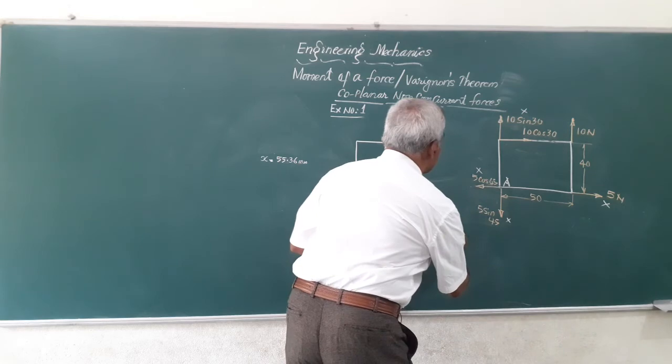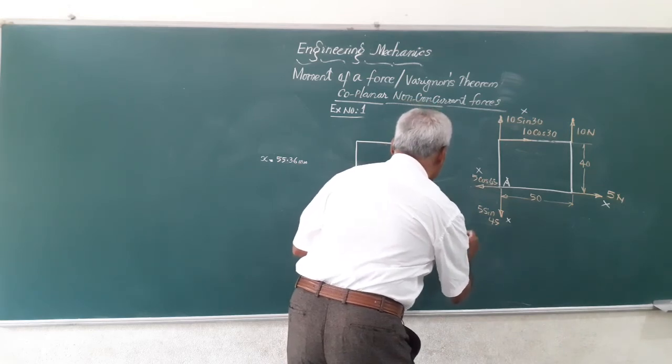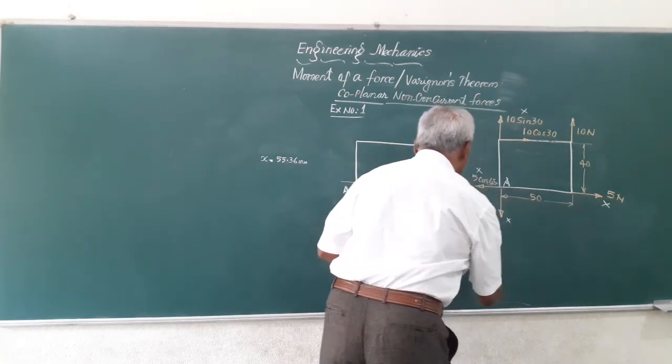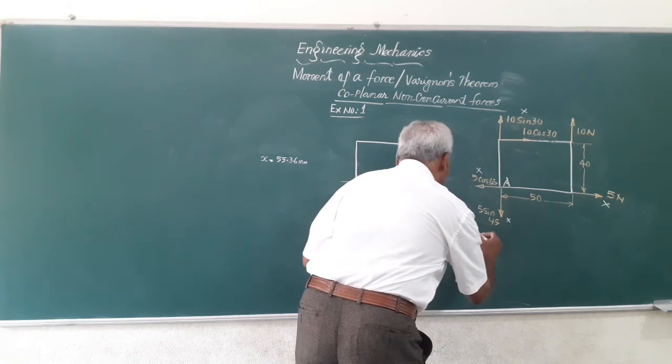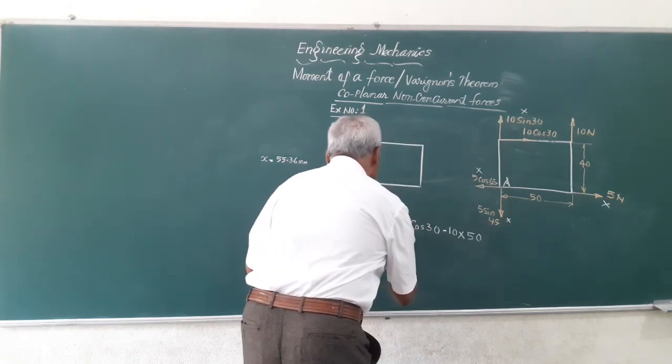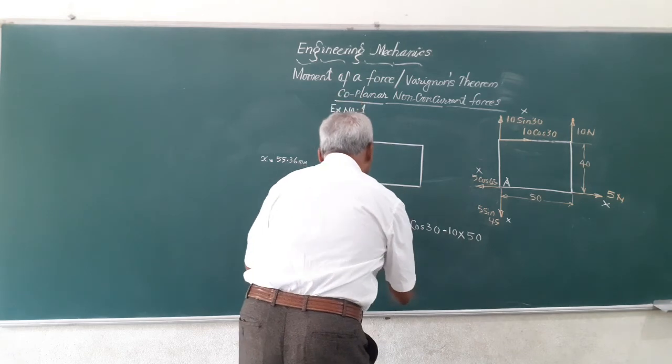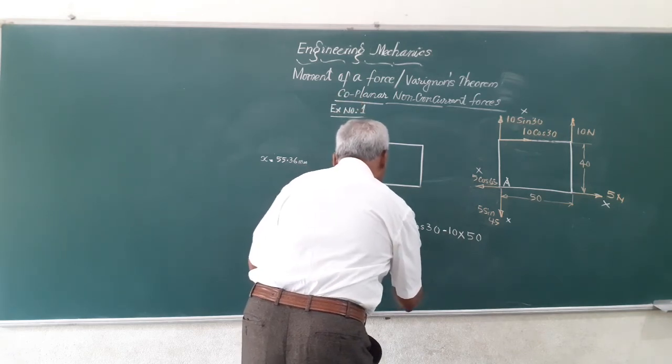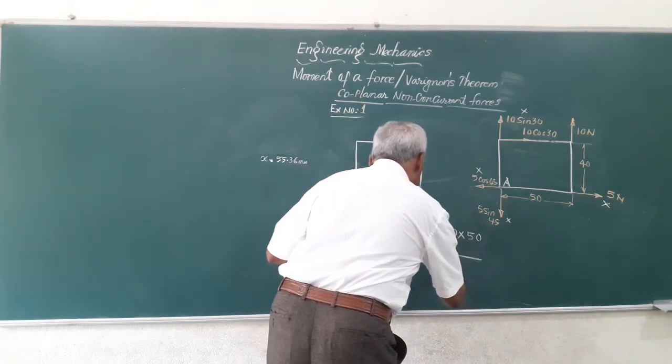We will take it as negative, minus 10 multiplied by 50 mm from A, the point of reference. So you will get this value, you know R already, so x is equal to this value. This can be calculated.